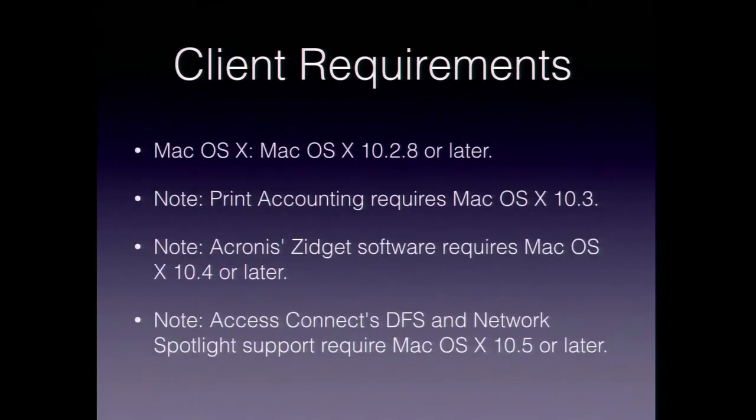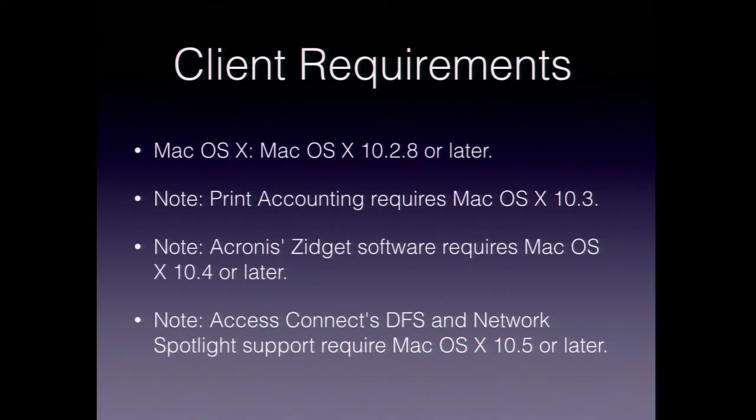Client-side requirements: macOS 10.2.8 or later, so hopefully most of you are off that by now. Print accounting requires macOS 10.3. One of the great things about ExtremeZIP is they've always been great about going way back. Until their most recent release, they went back to macOS 9 still.